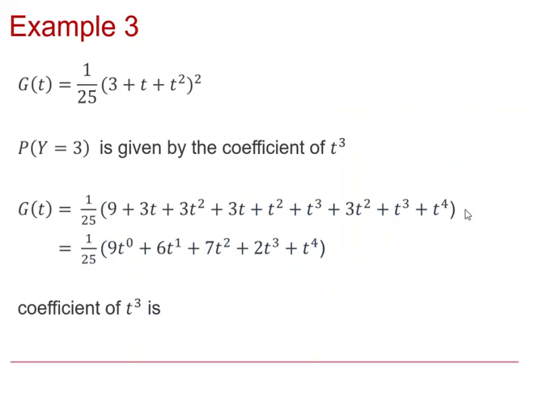And you probably want to try this for yourself. This is the expansion of 3 plus t squared, squared, and if we put powers of t together, collect common terms, then I think we can identify that the coefficient of t cubed is 2 over 25, and therefore the probability that y equals 3 is 2 over 25.